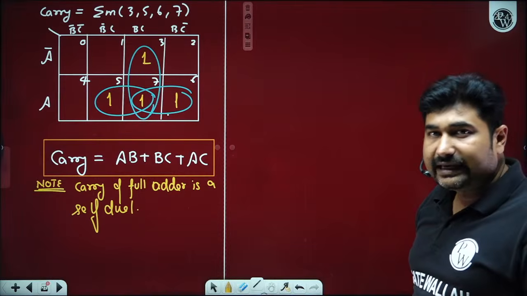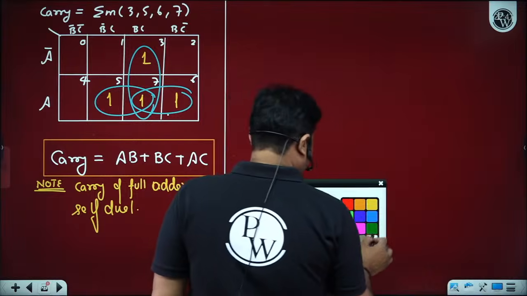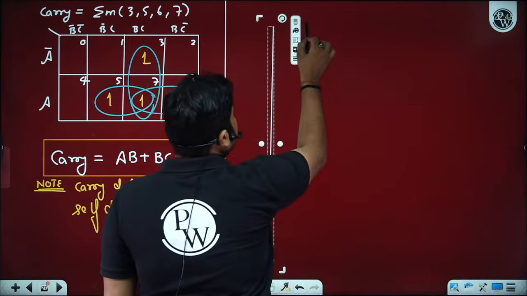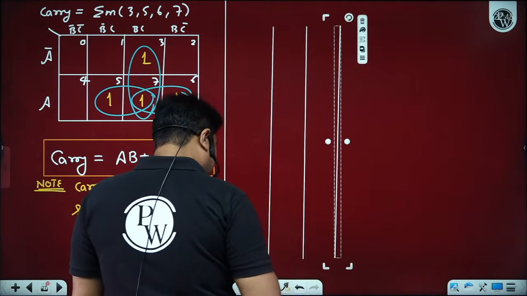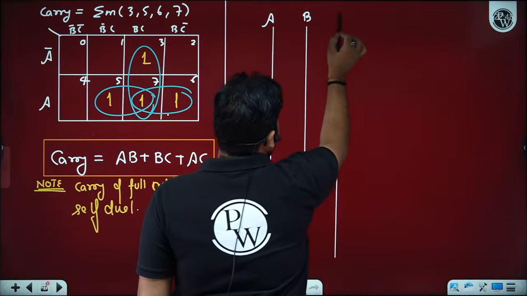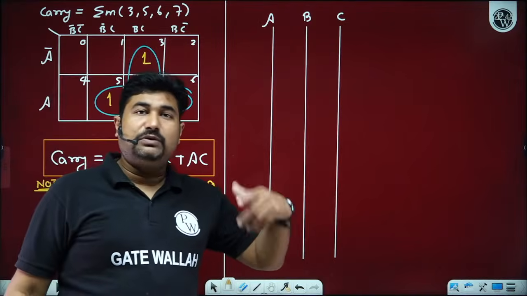How many of you able to understand up to this part? Great, sir. Can we implement? Yes, sir, we can implement. Let's implement with A, B, C. We have three inputs A, B, and C. Can we design a 3-input XOR gate? No, sir, we can't, because of its switching circuit. We can only have a 2-input XOR gate.